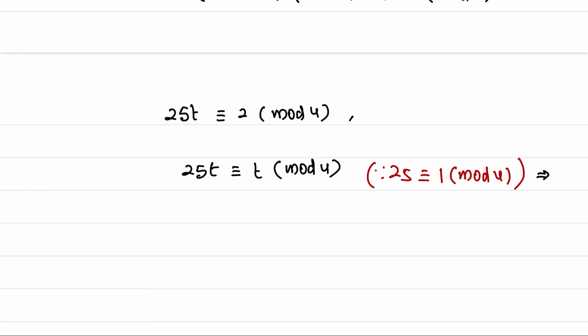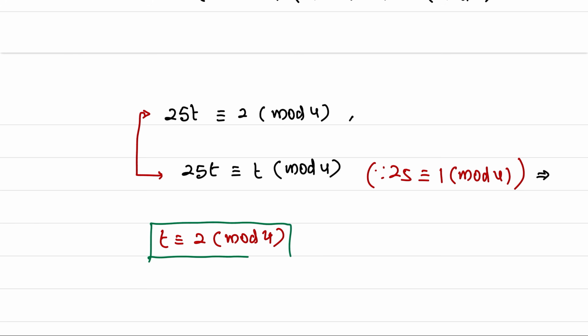When you combine these two, both having 25t on the left hand side, t is equivalent to 2 mod 4. This is one of the values we have got for t. This says when t is divided by 4, there is a remainder of 2.